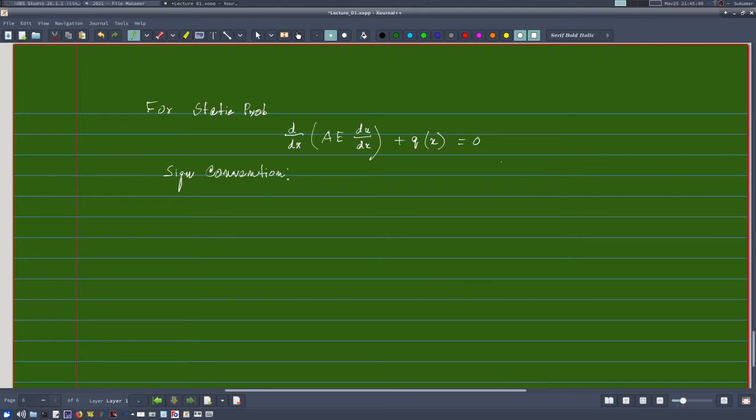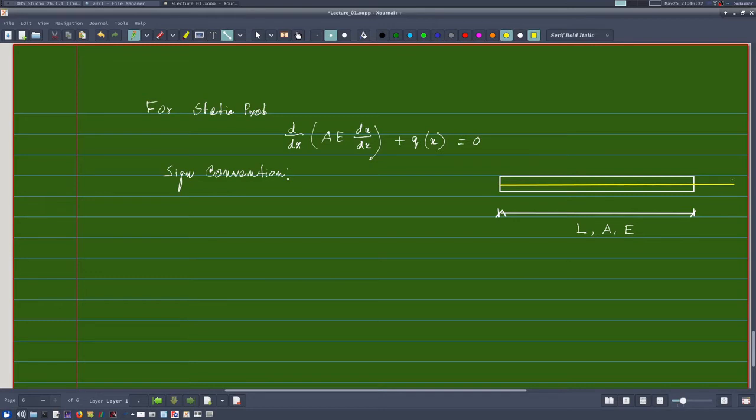Say, for example, let me draw a bar once again. This is my bar and it has a length L, a constant area A and a constant material property E. And I am taking the axial direction towards the right as the positive direction of x.